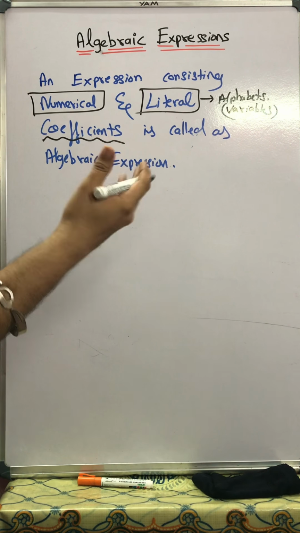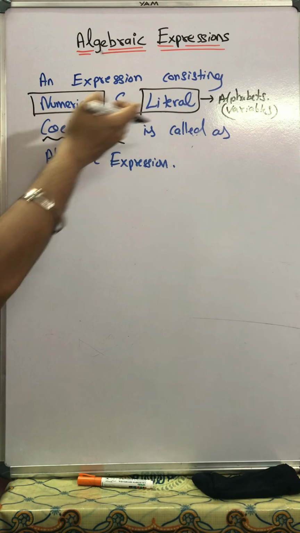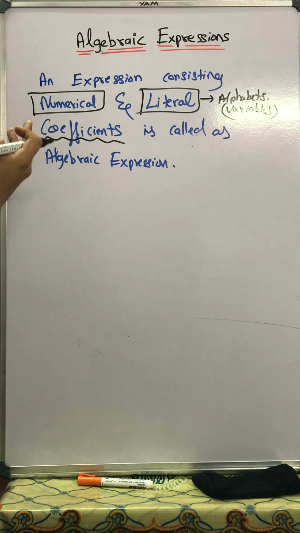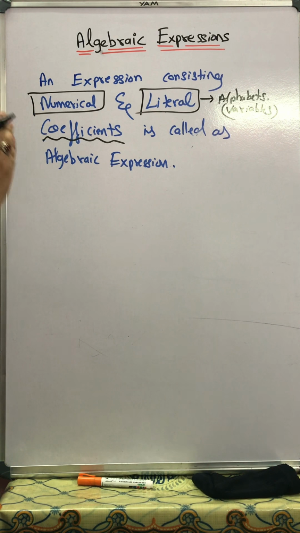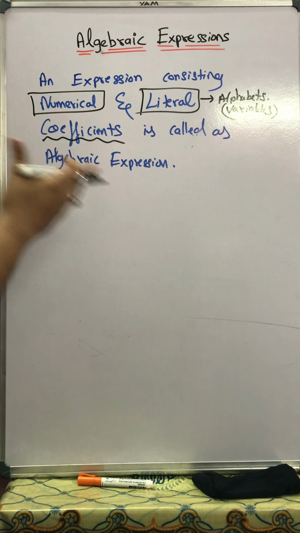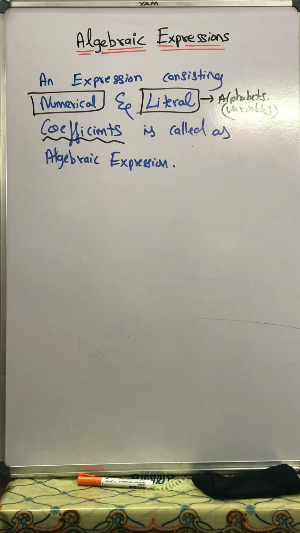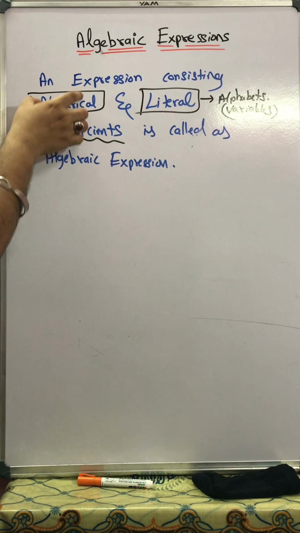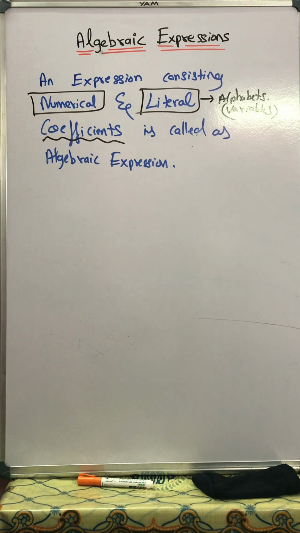So any alphabets or variables from A to Z are called literal coefficients. And any digits from 0 to 9, either 2-digit numbers or 3-digit numbers, any numbers you see are called numerical coefficients. So if a number comes, it belongs to numerical coefficients. If alphabets come, they are in the literal coefficients part.